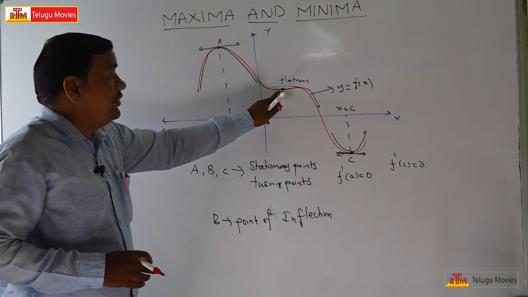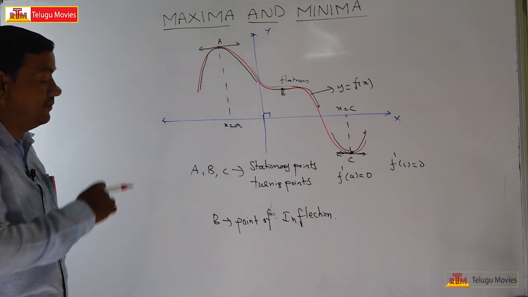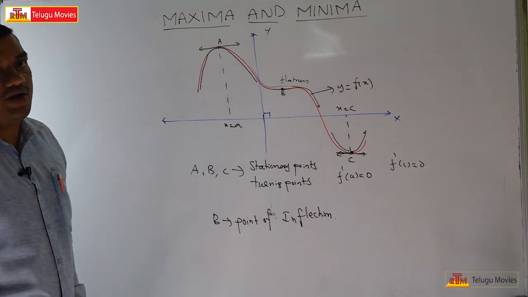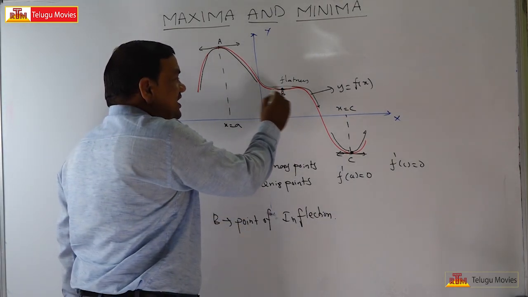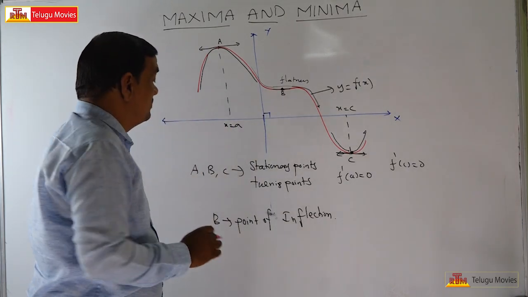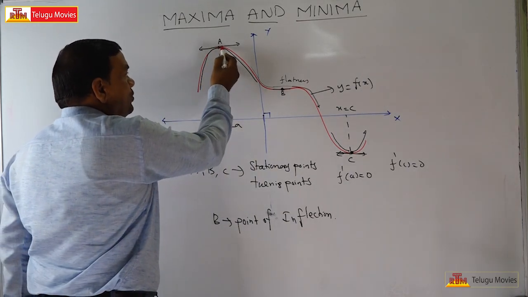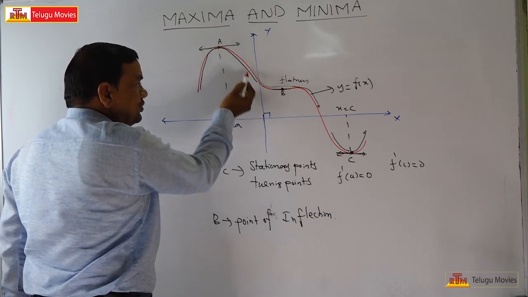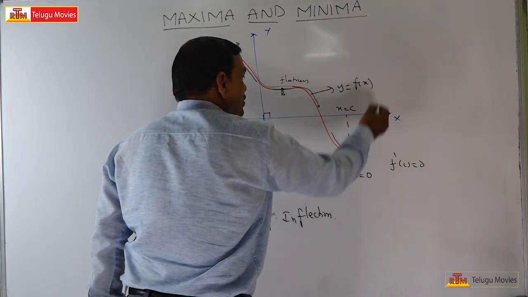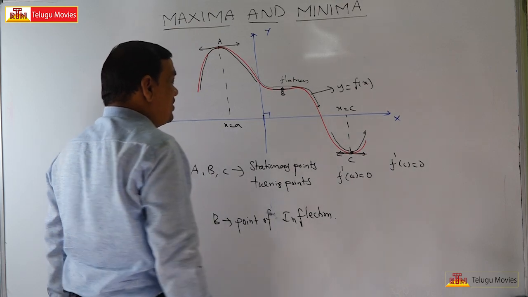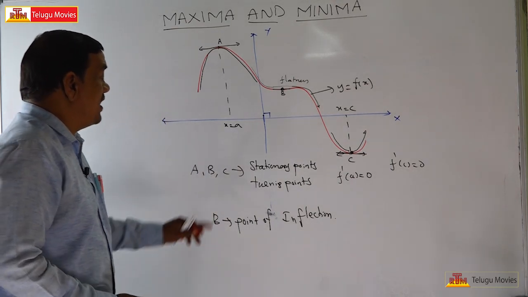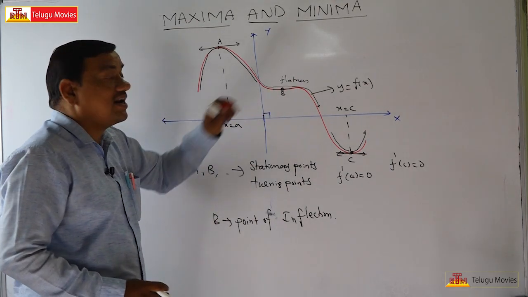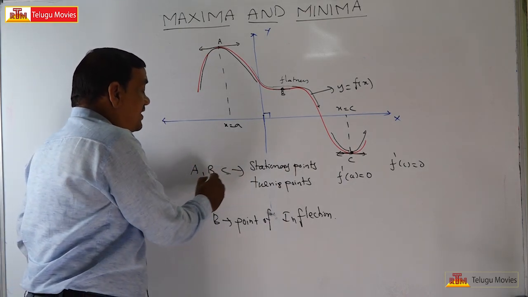Here the derivative is 0, but it is not a turning point. Turning point means going from increasing to decreasing, or from decreasing to increasing. So B cannot be a turning point.